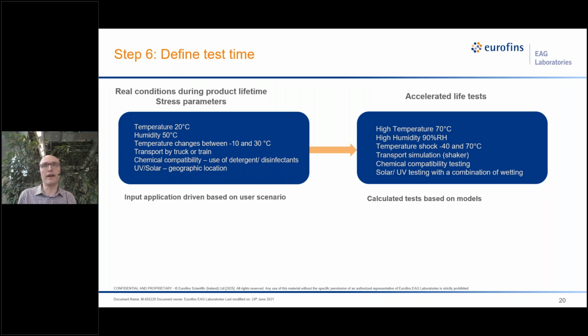An acceleration factor that is too high can lead to the introduction of failure mechanisms that are not relevant but are caused by too high stress levels when performing the endurance test.